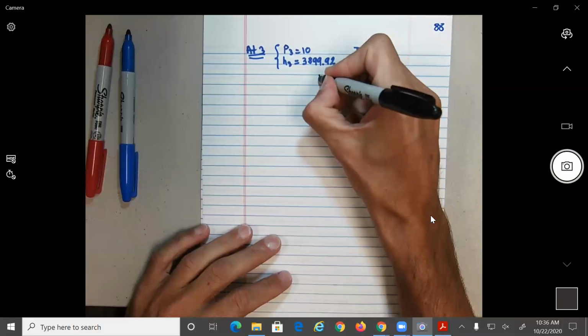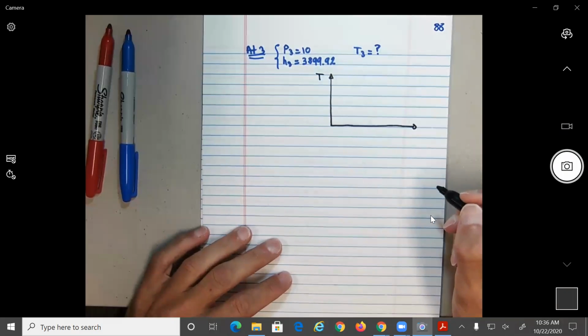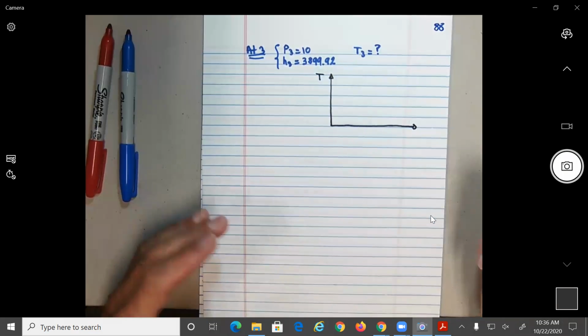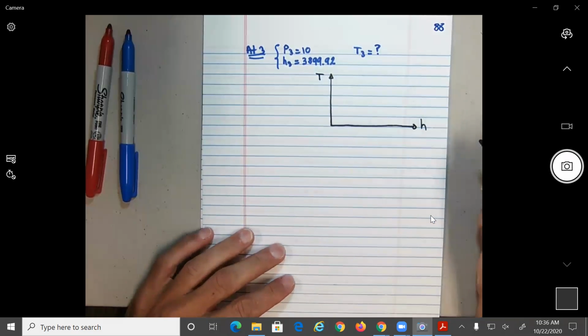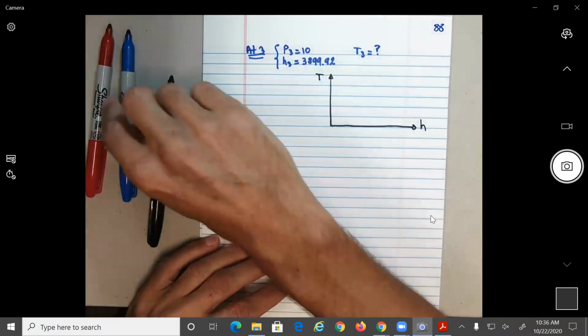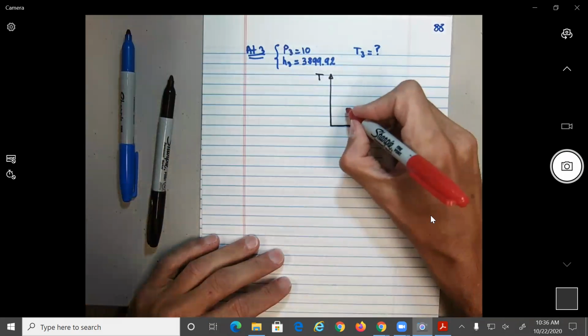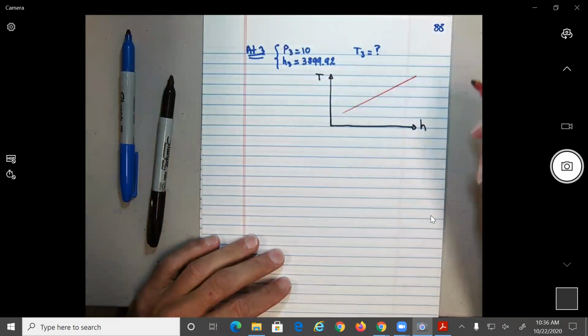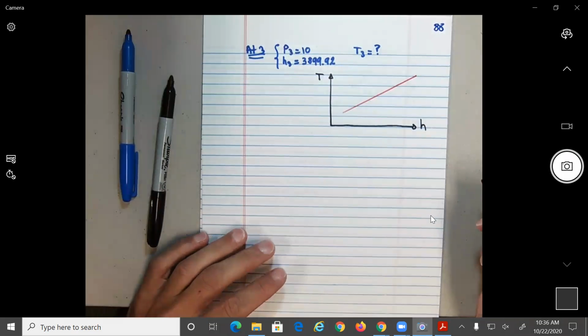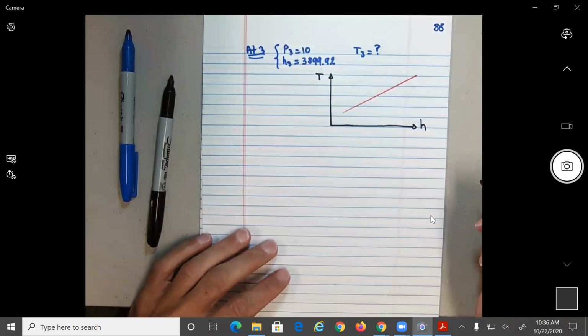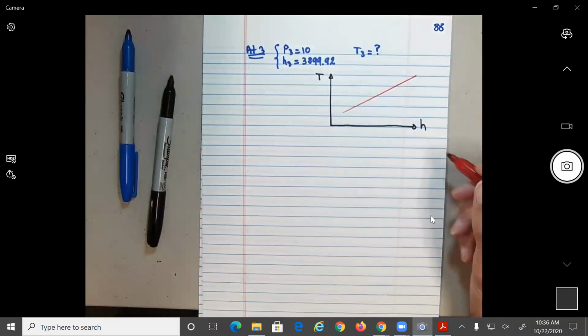What we try to find is T, and we know the H. So I'm going to assume a linear interpolation. What I need to find is the slope of this line, no?